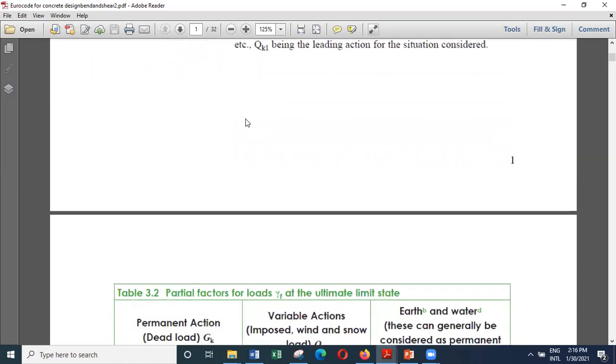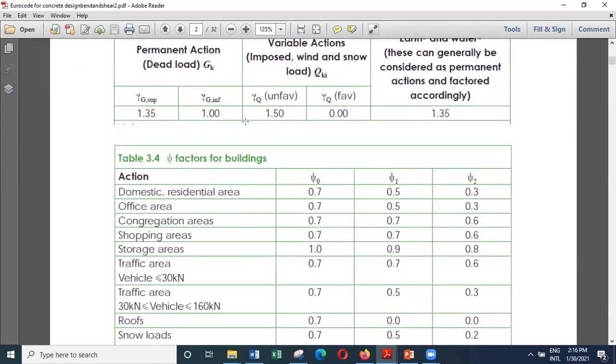And if you look at this table, you can see the value for phi naught depends on the type of usage. If it is an office building or a domestic building, phi naught will be 0.7. Whereas if you are using this particular area for storage, then there's a possibility that in the case of storage, the full effect could be there when the other loads are acting.